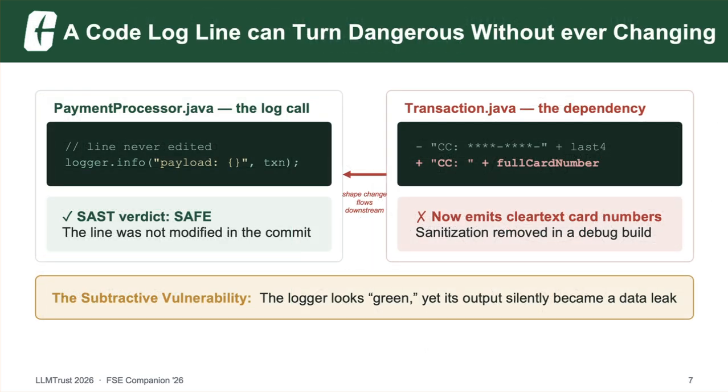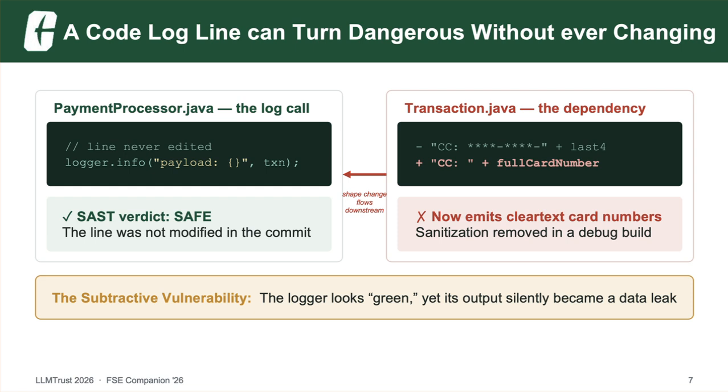So to see this trap in action, look at the subtractive vulnerability. On the left side, in PaymentProcessor.java, a developer writes a standard logging line, which is fairly simple. The static analysis tool scans it, sees no hard-coded secrets, and flags it as safe.